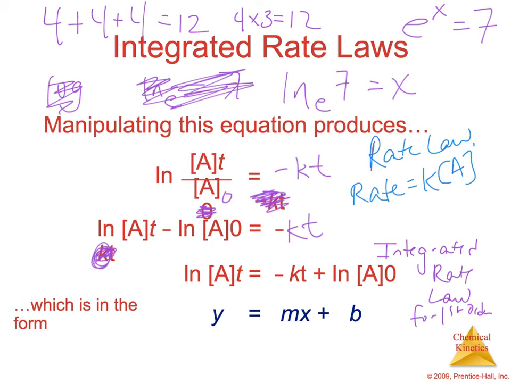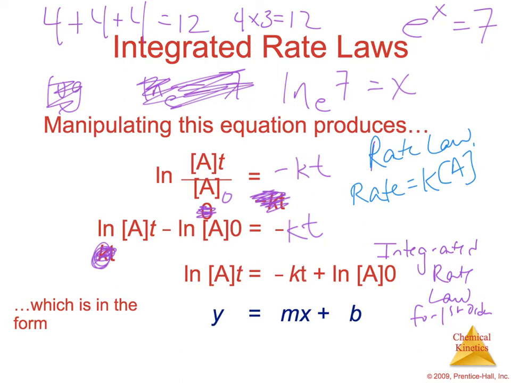If you look at it carefully, it's in the form of y equals mx plus b, which, as you know from algebra, is the equation for a line. So when we have a first order process, if we can write the data that we have in the form of the integrated rate law, our y values will be the log of concentration at a certain time.